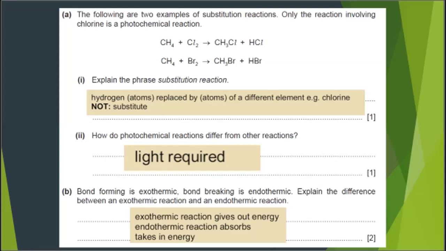Explain the difference between an exothermic reaction and an endothermic reaction. Now, exothermic reactions simply give off more energy than they absorb, while endothermic reactions absorb more energy than they give off. When we talk of an exothermic reaction, they give off more energy than they absorb. Endothermic reaction, they absorb more energy than they give off.